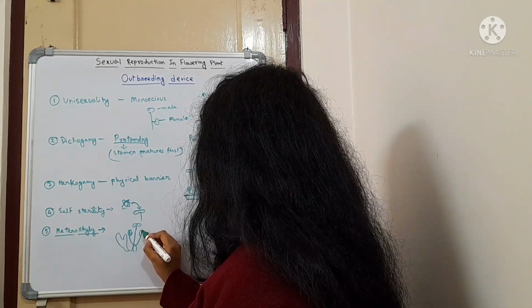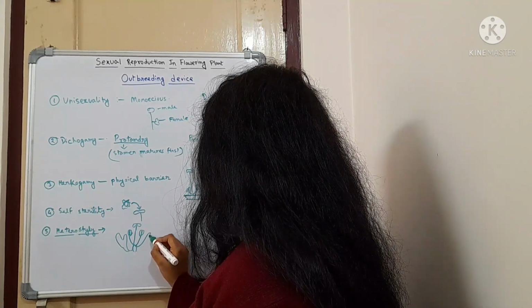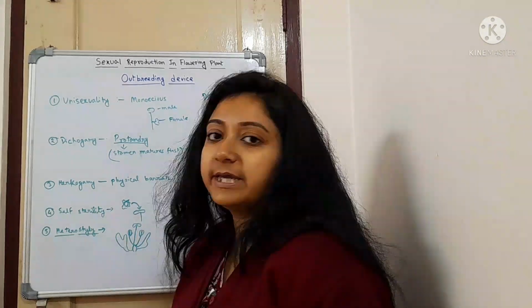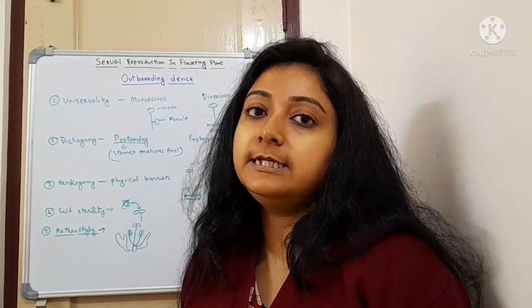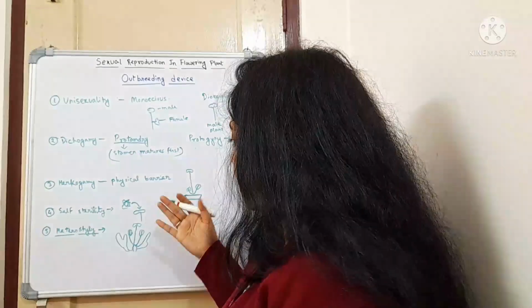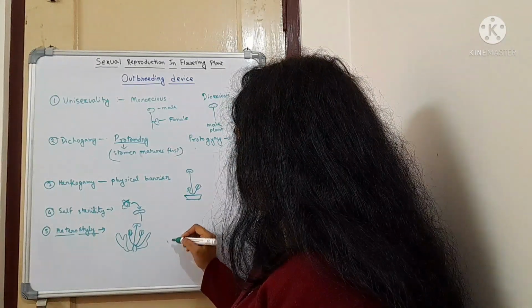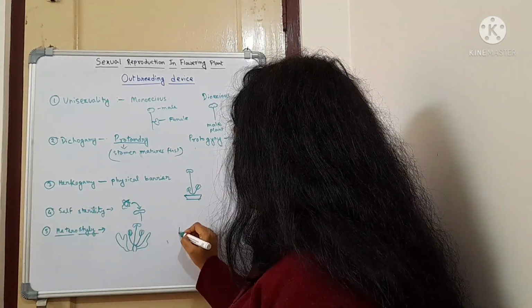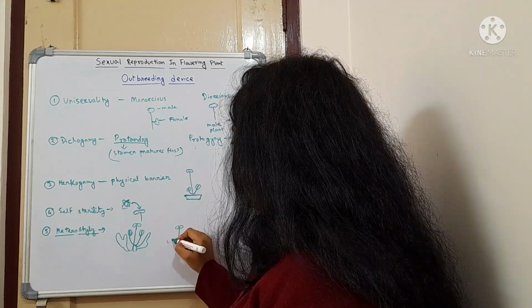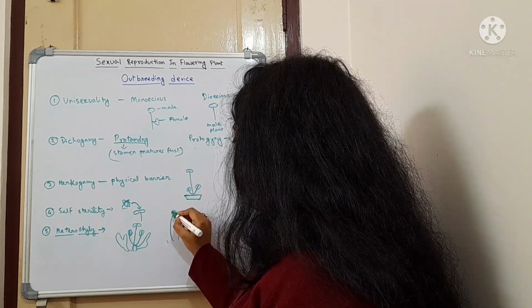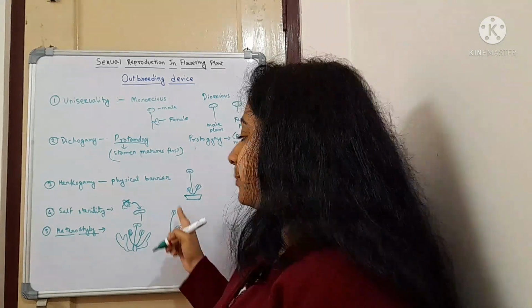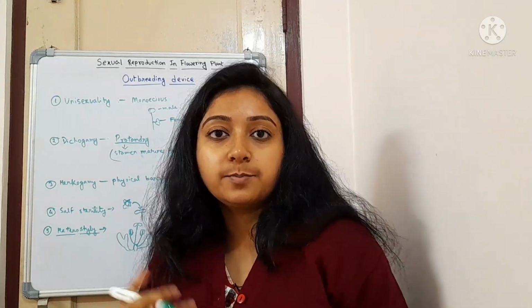So what will happen in this case? It's never possible for this flower to make the self-pollination event very easily, right? On the other hand, if the stigma is a little bit shorter and the anther is a little bit larger, then the self-pollination event can occur. It is possible.